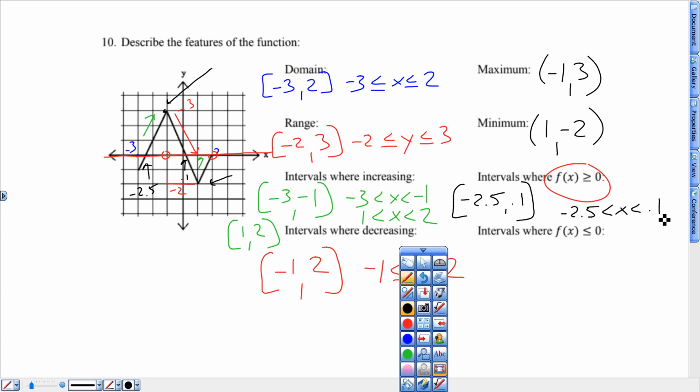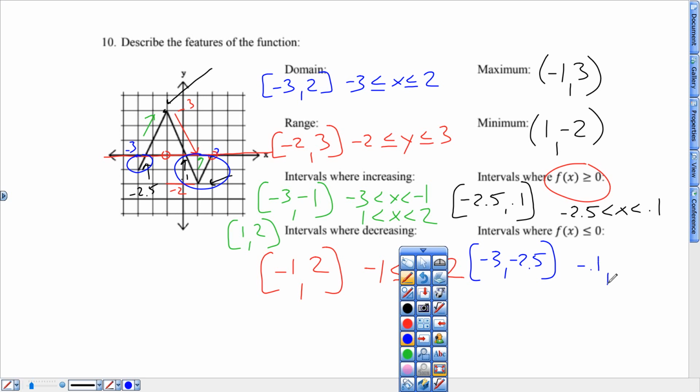And then where it's below 0 right here, looks like I've got from negative 3 to about negative 2.5. Looks like that stretch is under the line, and then it looks like about 0.2 or 0.1 again.